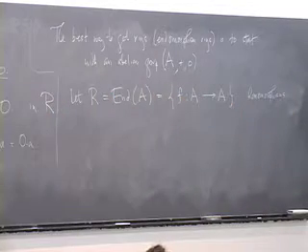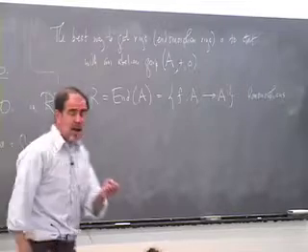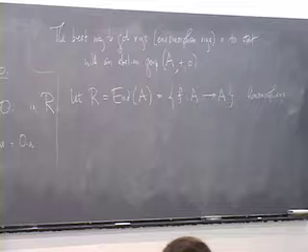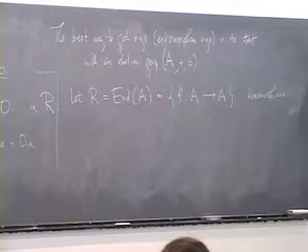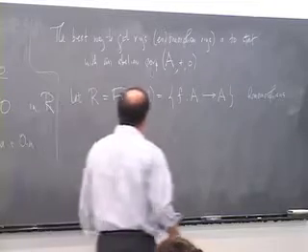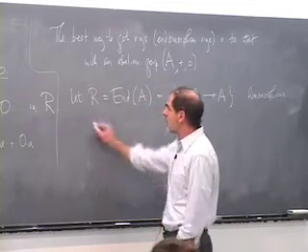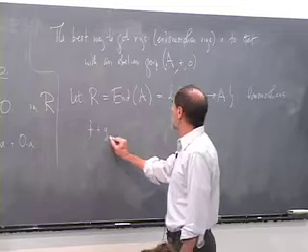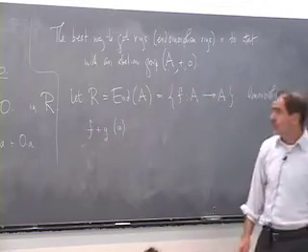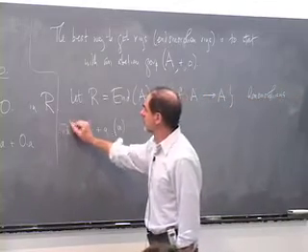Now that's a set. So to turn it into a ring, I have to tell you what the addition law is, what the identity under addition is, what the multiplication law is, what the identity under multiplication is, etc. So the plus law: I have to tell you what F plus G is as a homomorphism from A to A. So we're going to define the structure.